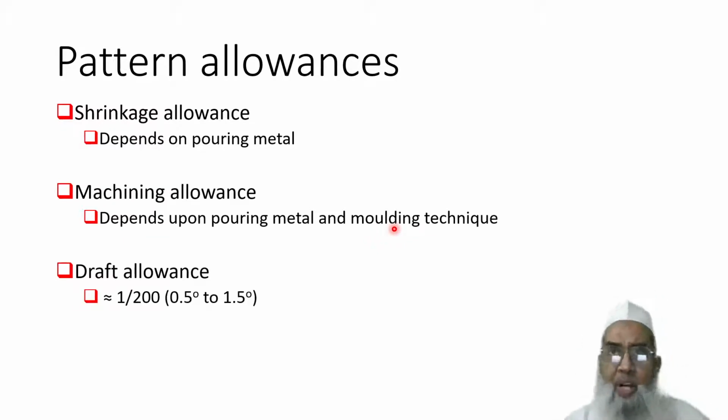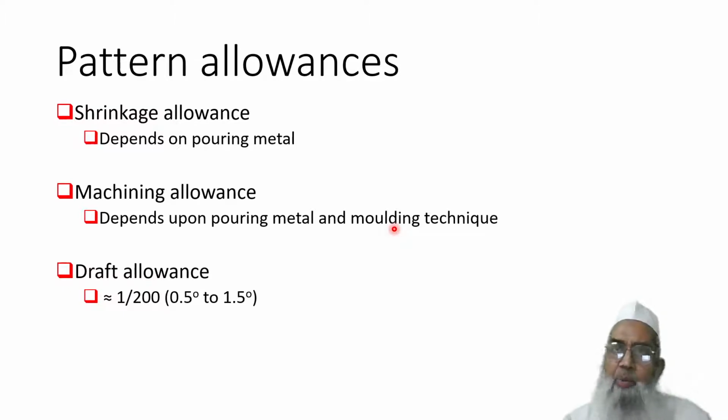Now, for draft allowance, there is a vertical surface in the product. While molding, we have to take the pattern out. While taking it out, the vertical surface is in contact with the mold face, the cavity interface, and it may distort or erode the inner surface of the cavity.